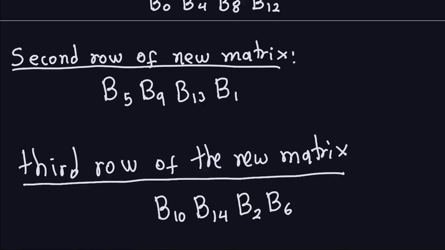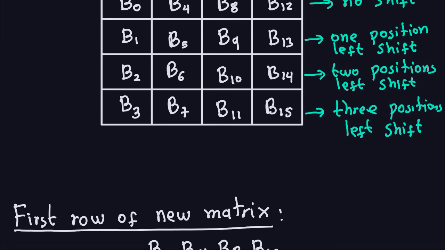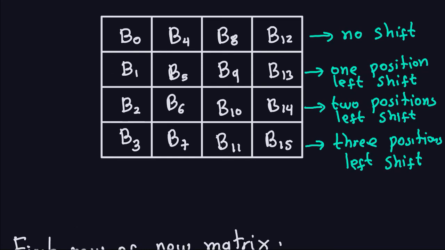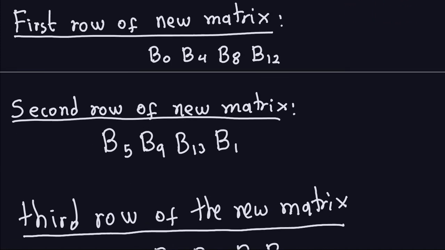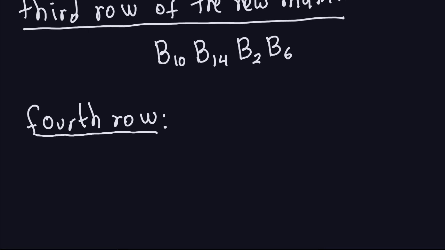To do the fourth row, I need to, of course, know what is the fourth row in my original matrix or array. So it's B3, B7, B11, B15. Let me write it down. The fourth row will start like this, and remember, I have to do the shifts. So it's going to be B3, B7, B11, B15.